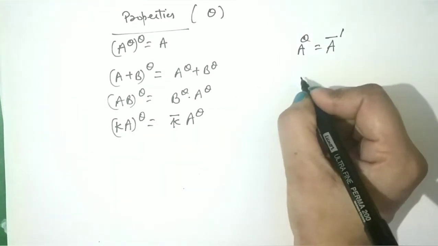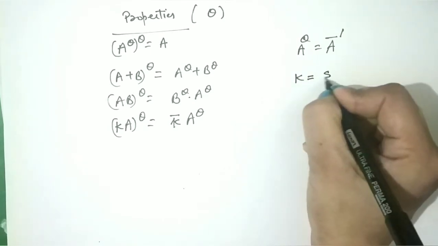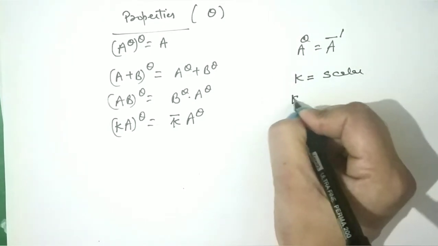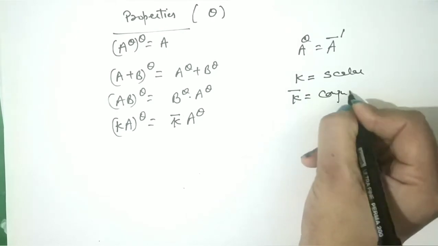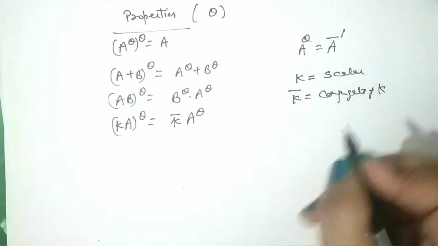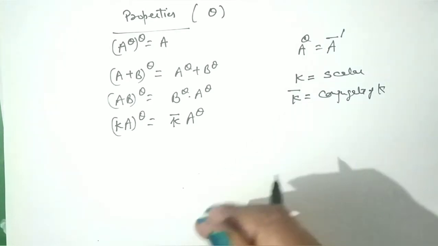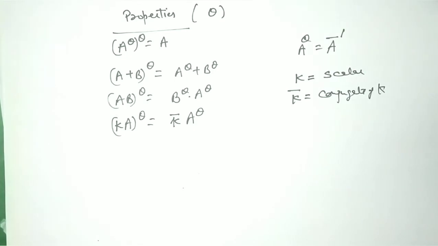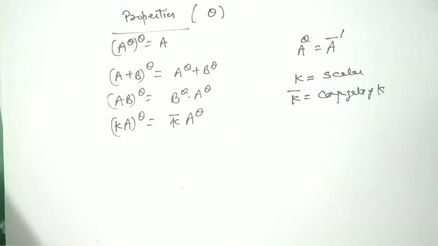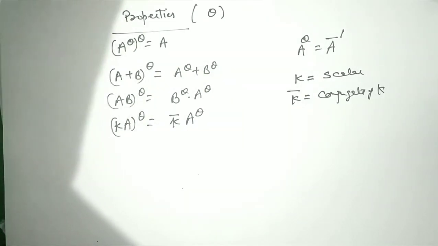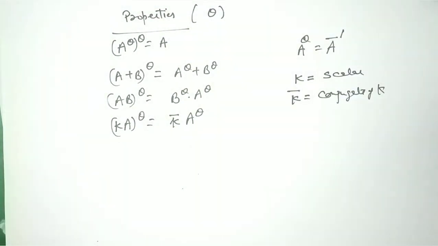The simple number scalar k can have the conjugate but does not have any transpose, because transpose only exists for rows and columns, but a scalar is a simple number, so it is not possible to take the transpose of a number. So transpose exists only for the matrices. So these are the properties of this operation conjugate.